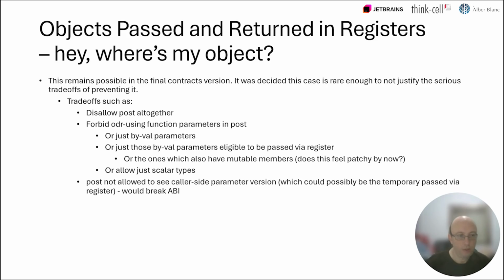So, what did we end up doing about this issue? Various options were considered, such as not allowing postconditions altogether, yay, or not allowing ODR-using, as in referencing, function parameters in post, or not allowing ODR-using function parameters in post if they are just by value, or if they are just by value but the kinds that are eligible to be passed by a register, or the ones that are just by value and eligible to be passed by a register and also have mutable members, or allowing postconditions referencing just scalar types.